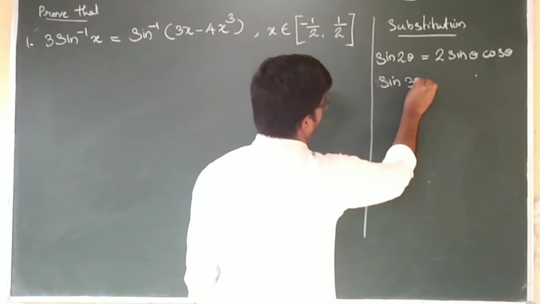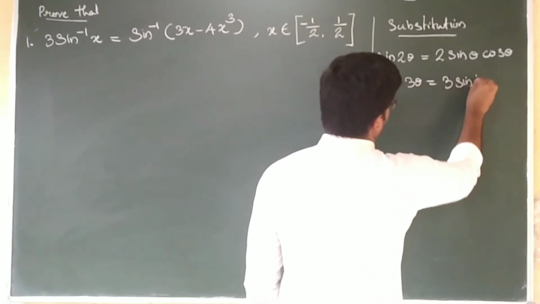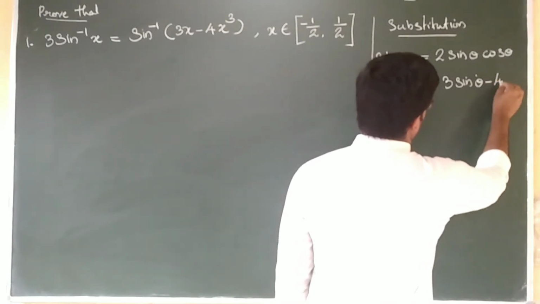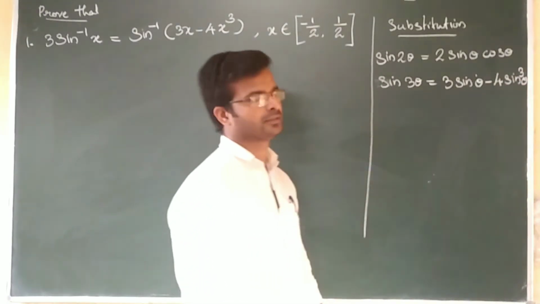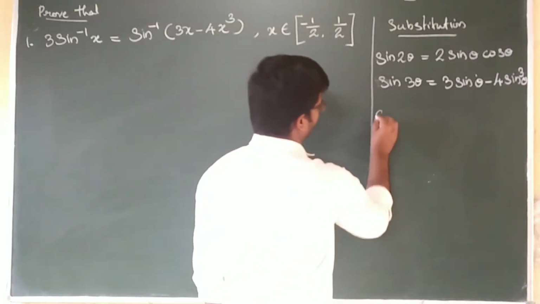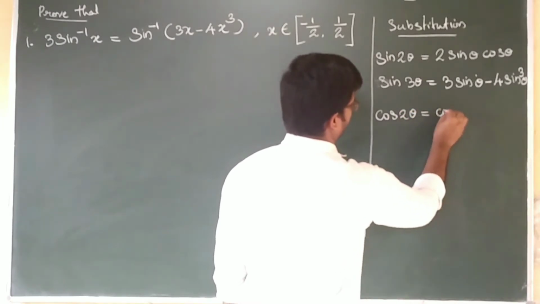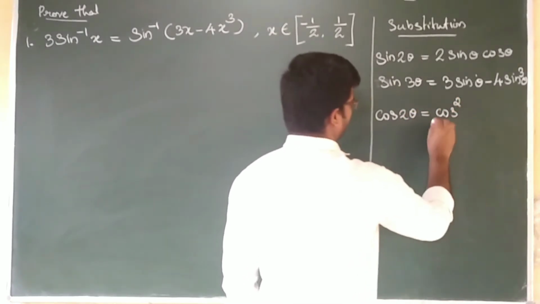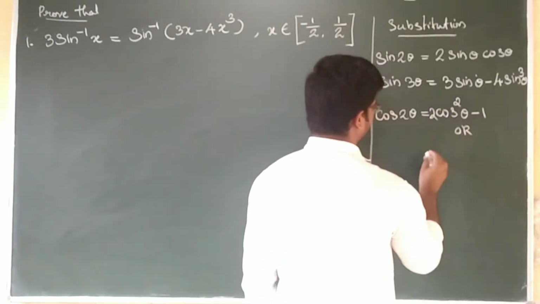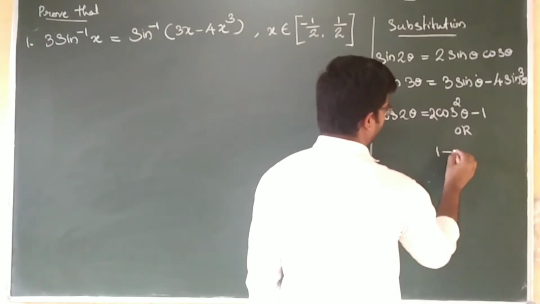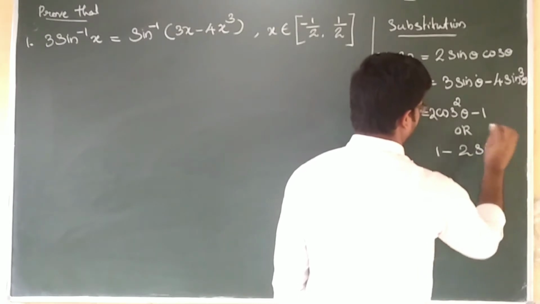Sine 3 theta is 3 sine theta minus 4 sine cube theta. Similarly, cos 2 theta is 2 cos square theta minus 1, otherwise 1 minus 2 sine square theta.